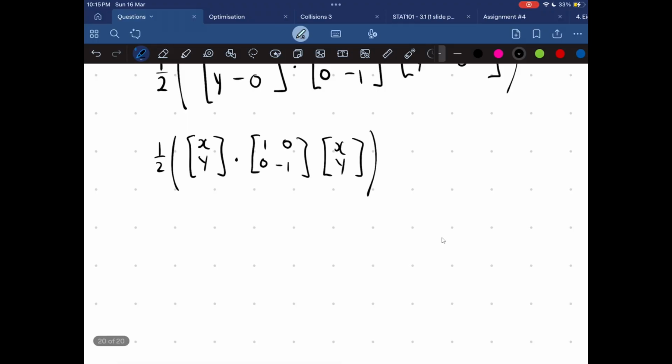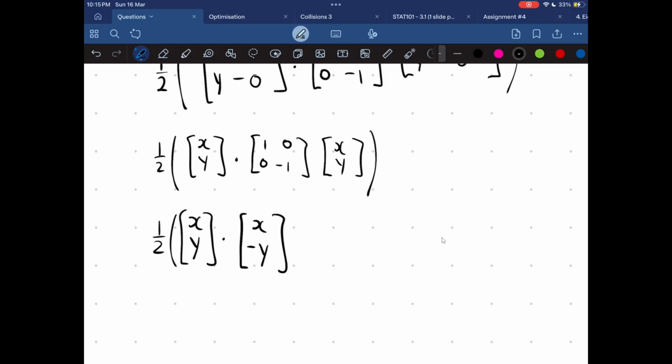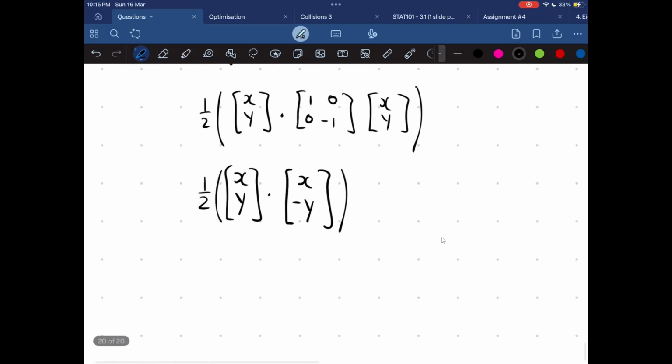So it's easiest to do the matrix multiplication first. In this case, we get the half, xy dotted with, and then using matrix multiplication, we should get x, negative y. Now using the dot product, we should get x squared minus y squared. That is all multiplied by half.